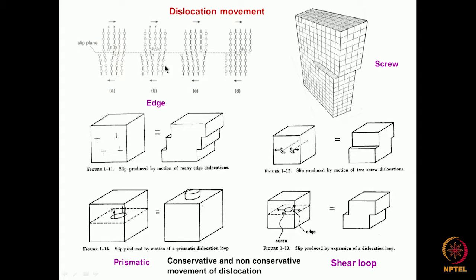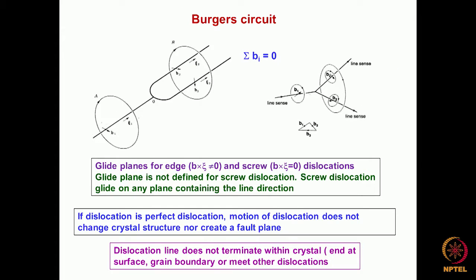In that process the dislocation has moved, but if you look at the volume, the volume has increased. So anything which involves an increase in volume is called non-conservative movement of dislocation. And the best example of non-conservative movement is climb of dislocation.